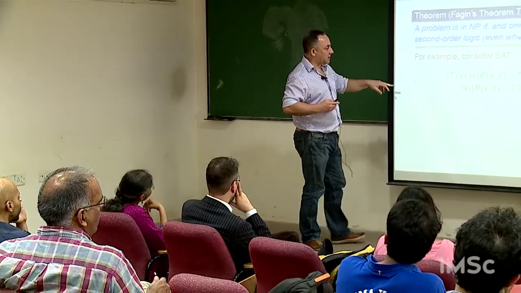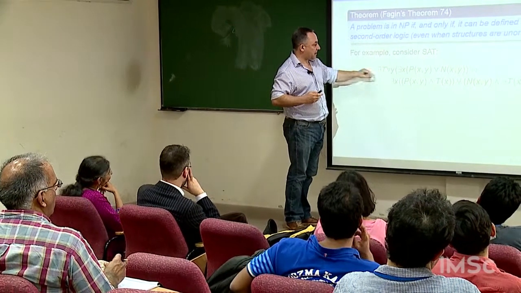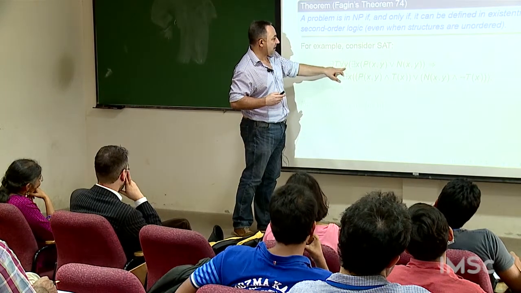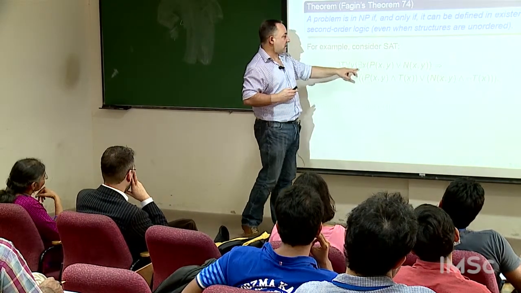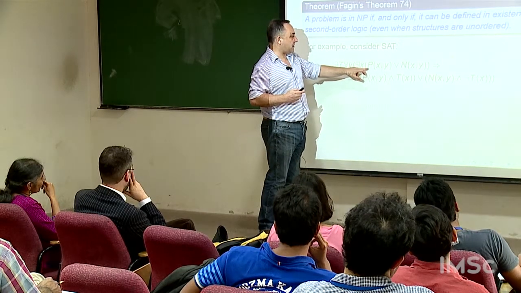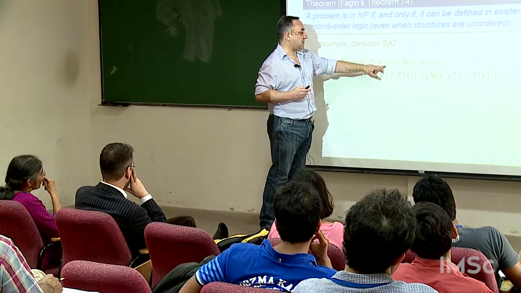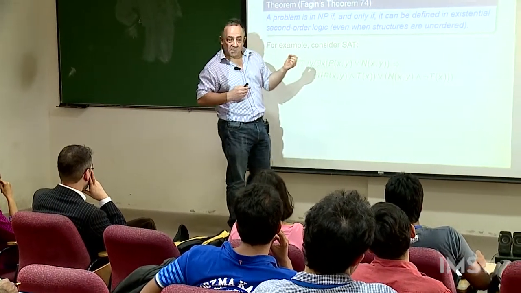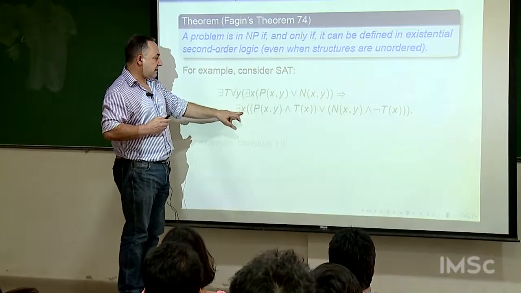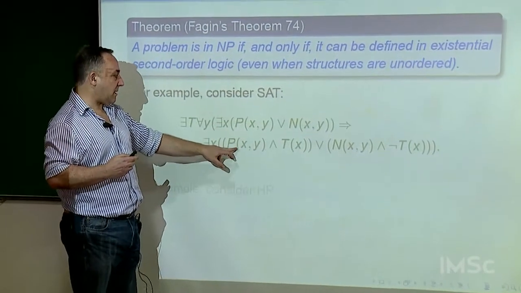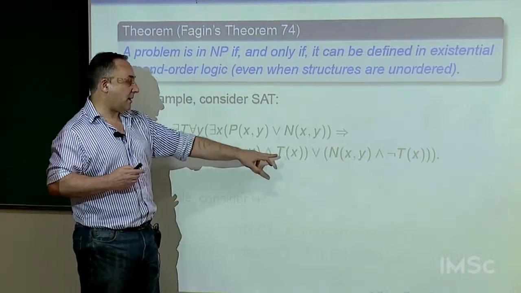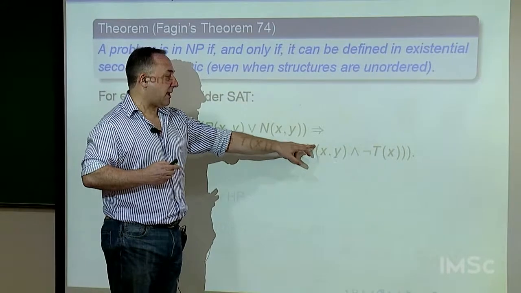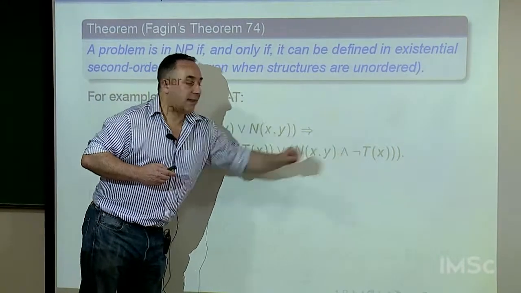And this, in English, essentially reads: there exists a set of indices such that for every index y, if there exists an index x such that xx is in clause cy, or not xx is in clause cy, that is, the clause is non-empty, then there must exist some index such that either xx is in clause cy and x is true in this set, or the literal not xx is in clause cy and x is false.